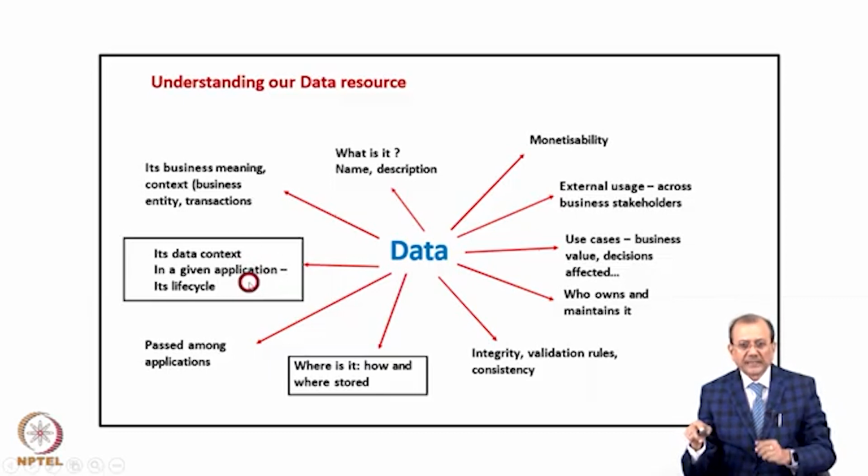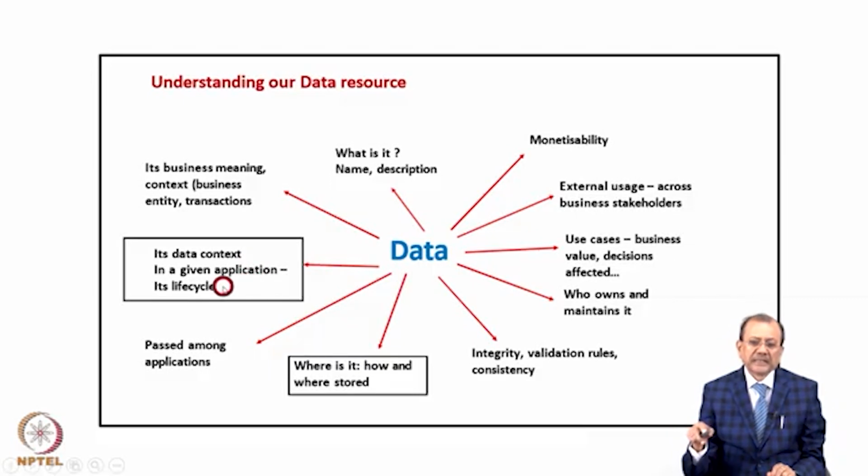Like the government data we have seen, I was trying to download a data document which has agriculture data. Where are you going to use that, in which application? That is the application context. Then how you are going to monetize it, how you are going to get benefit out of this data. That is also something we have to explore.